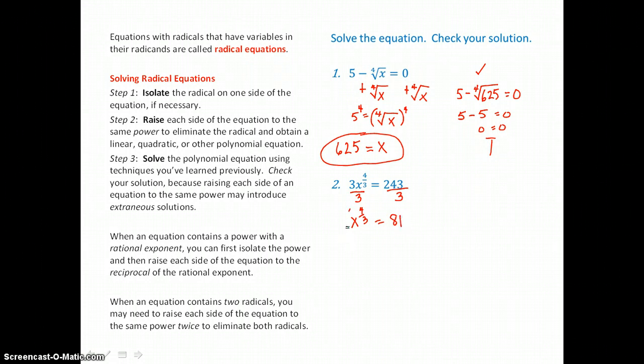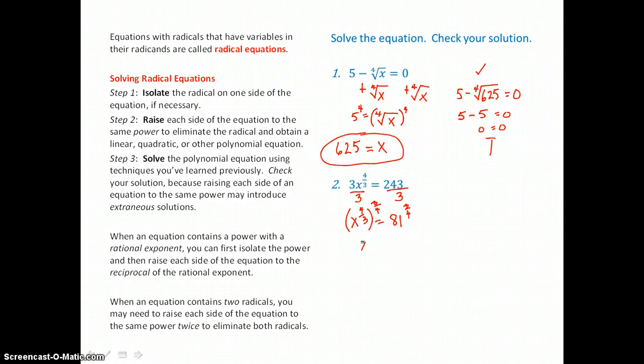And now, to get rid of that fractional exponent, all I have to do is raise both sides of this equation to the 3/4 power, which is the reciprocal of 4/3. Because when I multiply these double powers on the left, 4/3 times 3/4, they're reciprocal, so their product is 1.